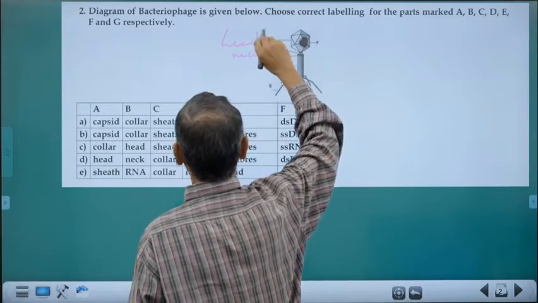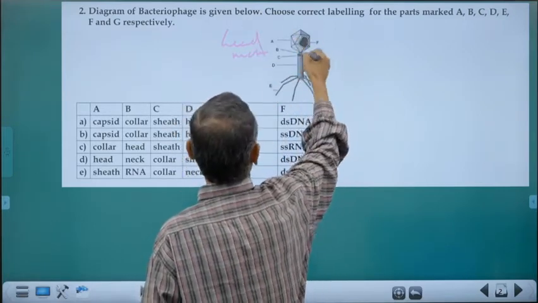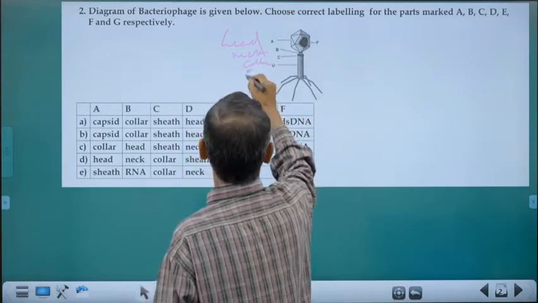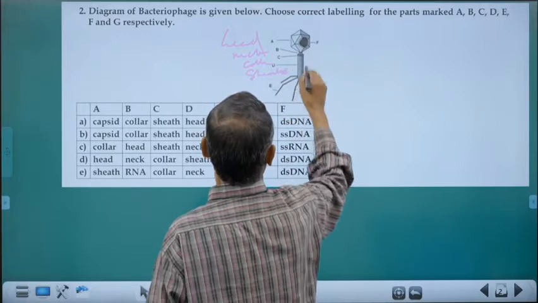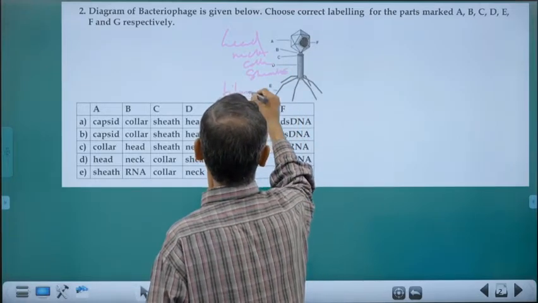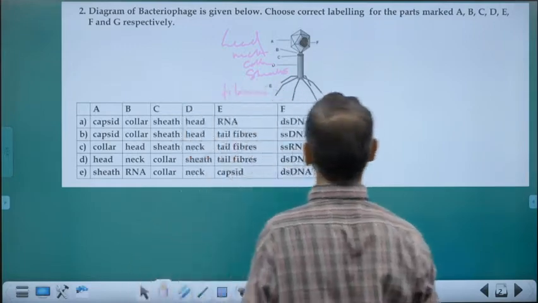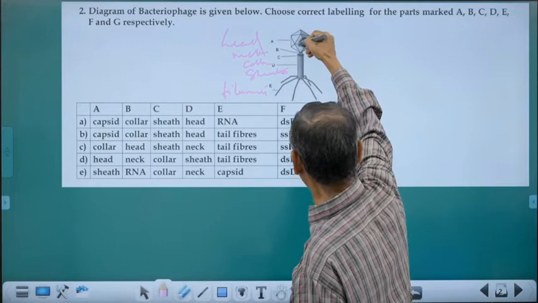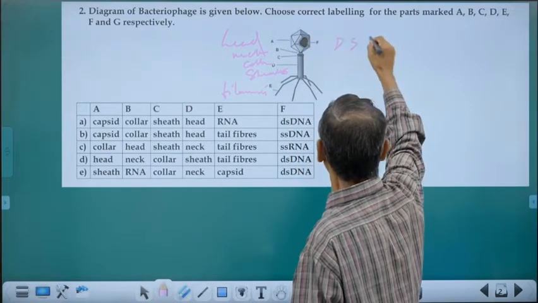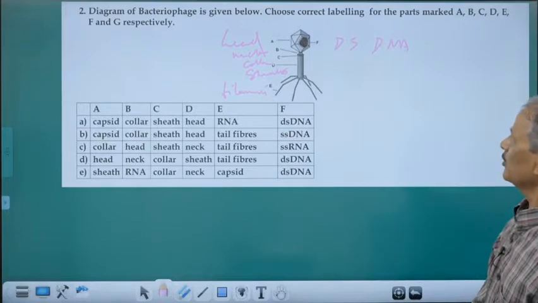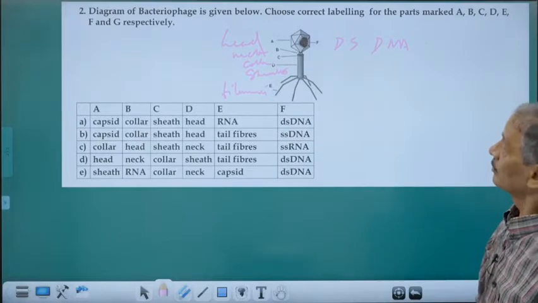C is the collar around it. D is the sheath of the tail. E are the tail fibers, and F is the genetic material inside the head. It is the double stranded DNA.